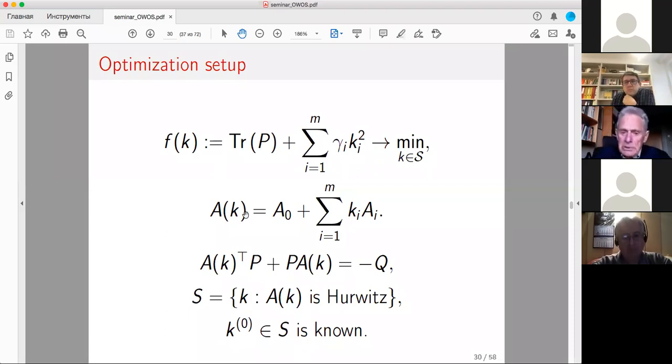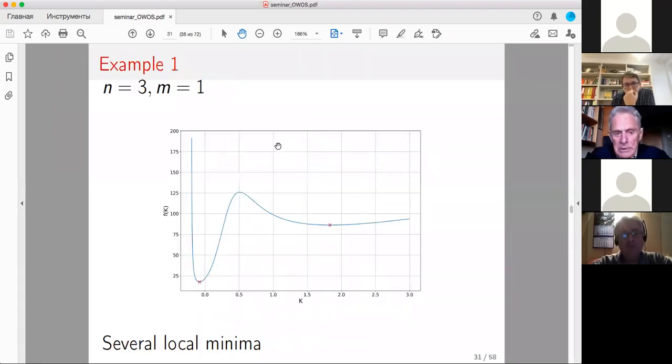Now about the properties of this function. Some of them are similar and some are dramatically different from the functions mentioned above.